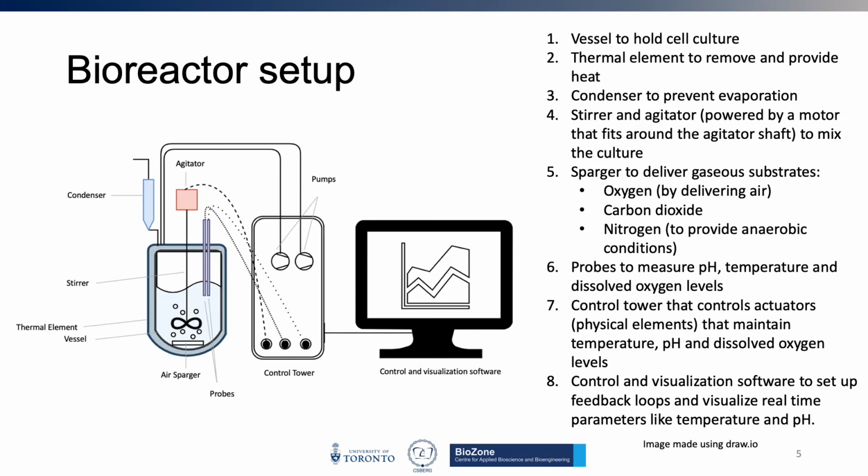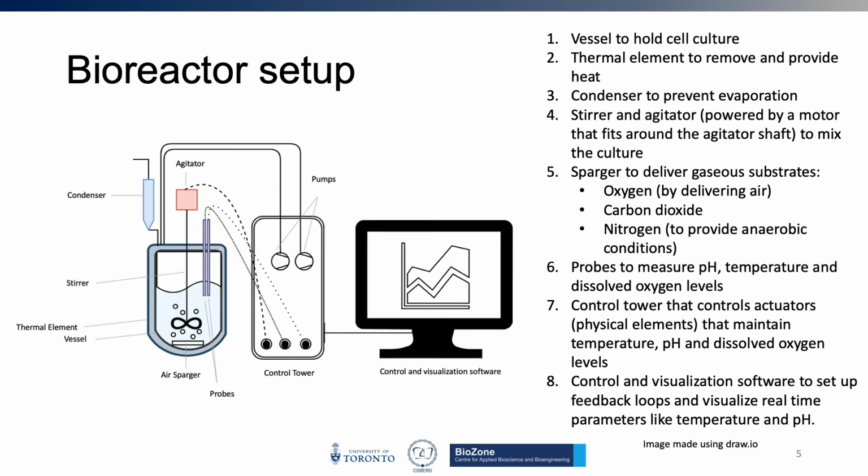You have a condenser that can prevent evaporation. You have a stirrer and an agitator, and the agitator is powered by a motor that fits around the agitator shaft to mix the culture. You have a sparger that delivers gaseous substrates to the reactor. These can be oxygen, carbon dioxide, or nitrogen, depending on what your process needs.